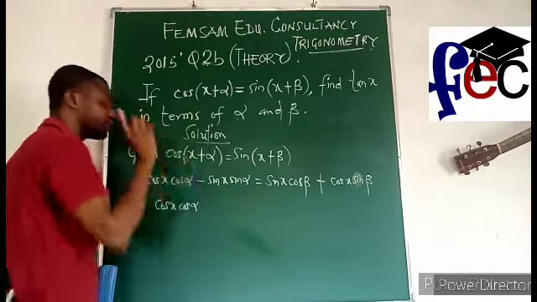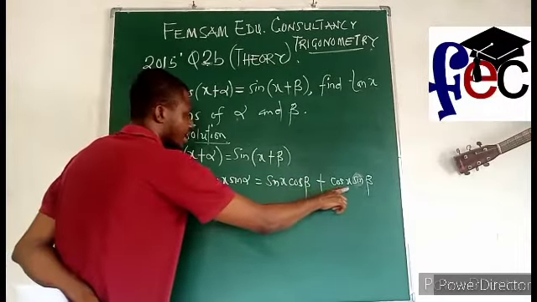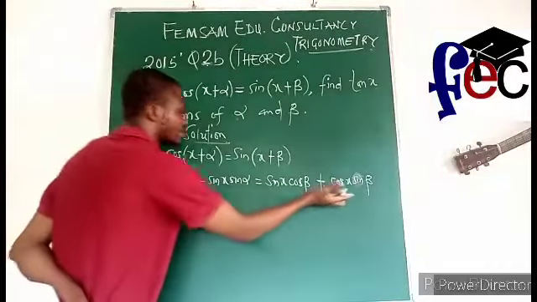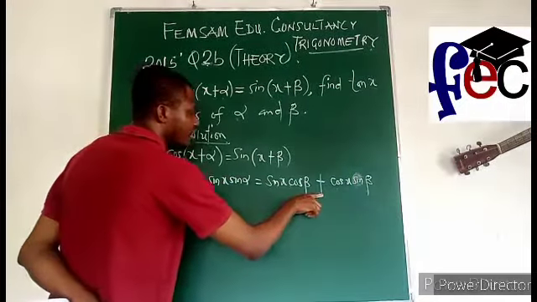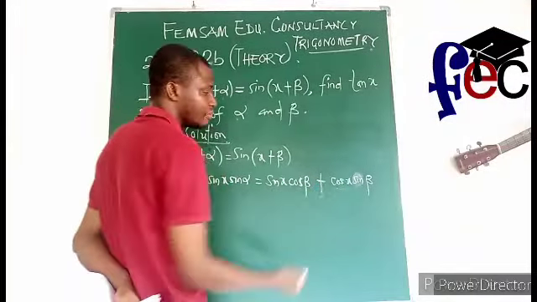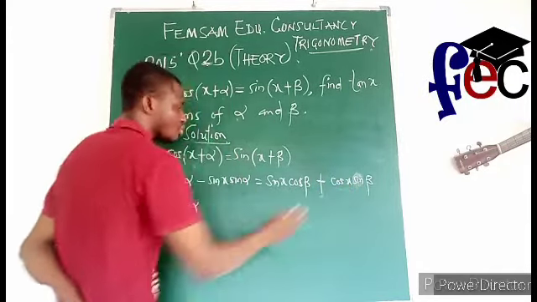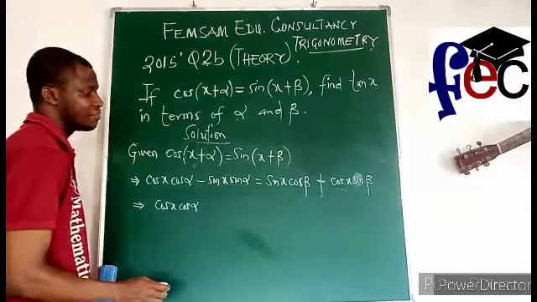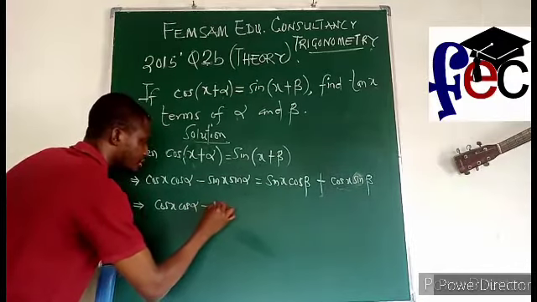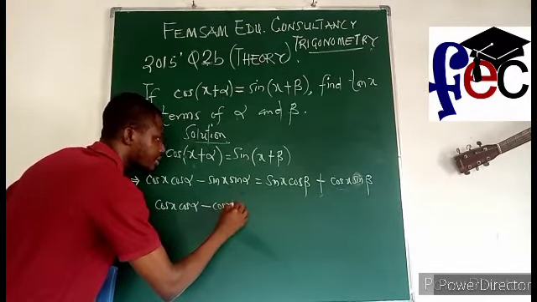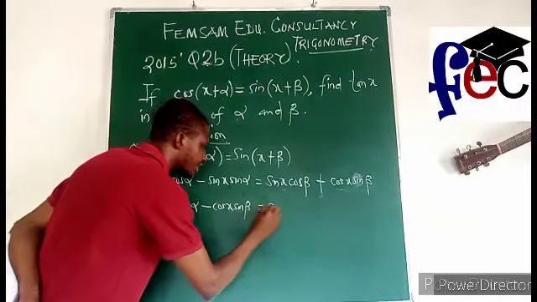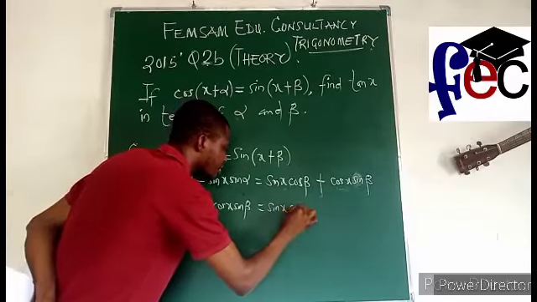Then when this one comes here, don't forget we said subtract cos x sin beta from both sides. So it looks like the way we have been taught, transfer this to the other side and the sign of this term will change to negative. But actually we only use the additive inverse of this to eliminate cos x sin beta from this side so that it can reflect here. So this becomes minus cos x sin beta. Then I have this left here, sin x cos beta.